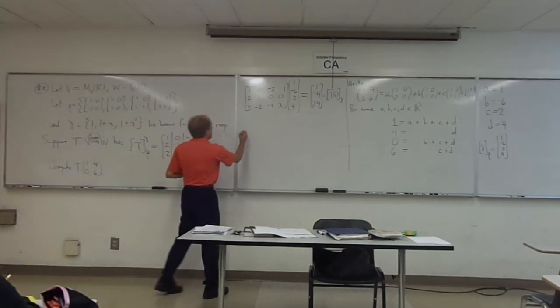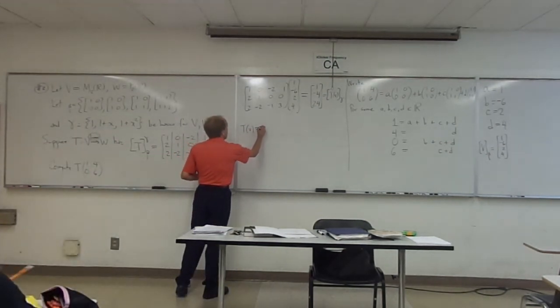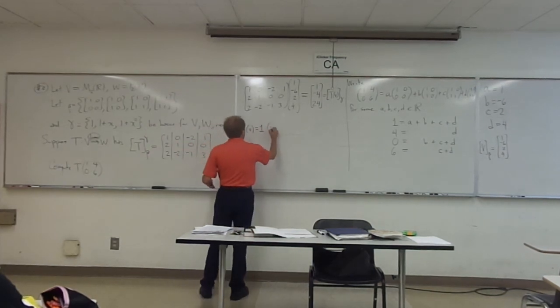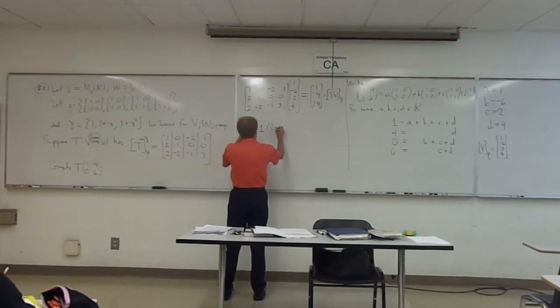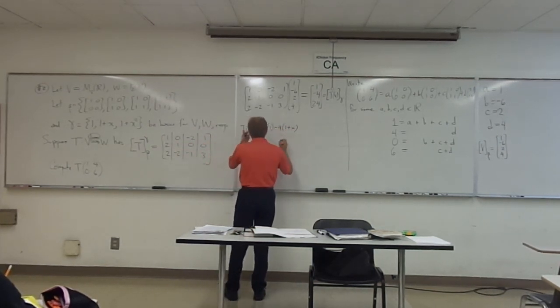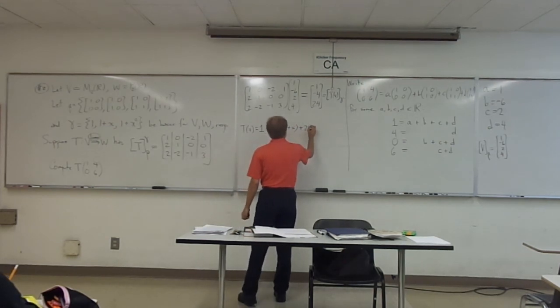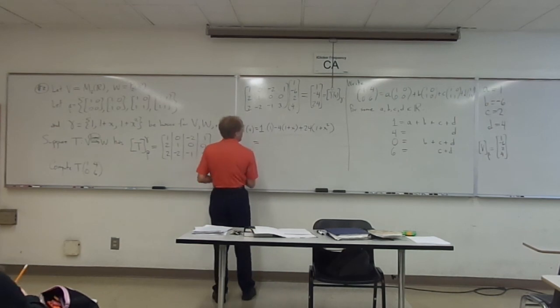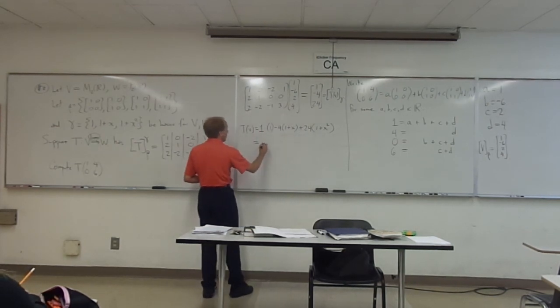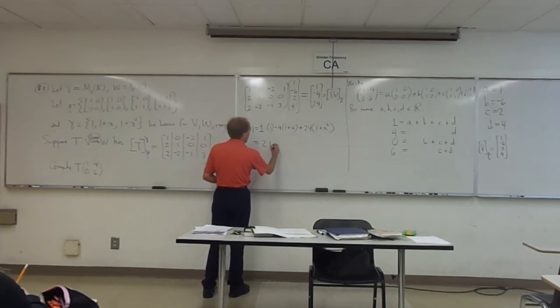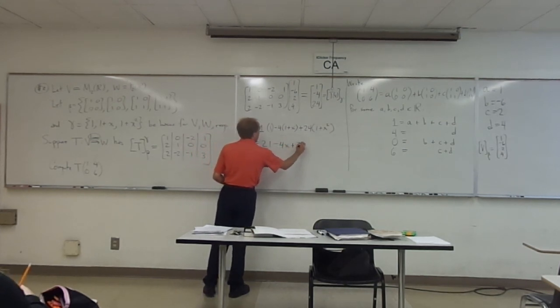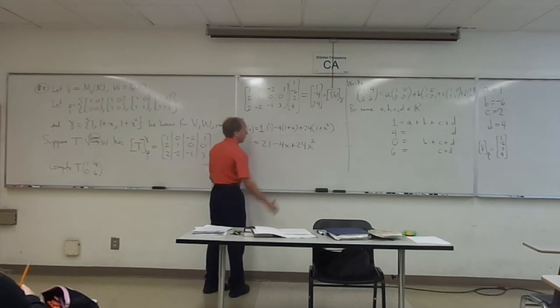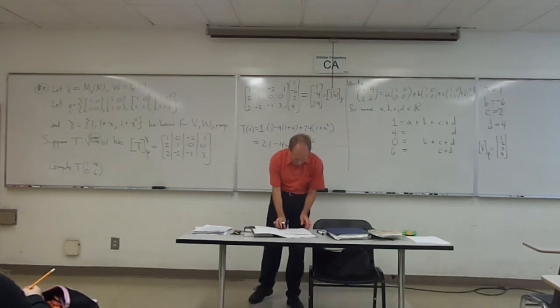So my T of V then is 1 times the first basis vector, minus 4 times the second basis vector, and then plus 24 times the third basis vector. Okay, and that gives me 1 minus 4 plus 24, which is 21, I believe, minus 4x plus 24x squared. So I believe that should be the right answer.